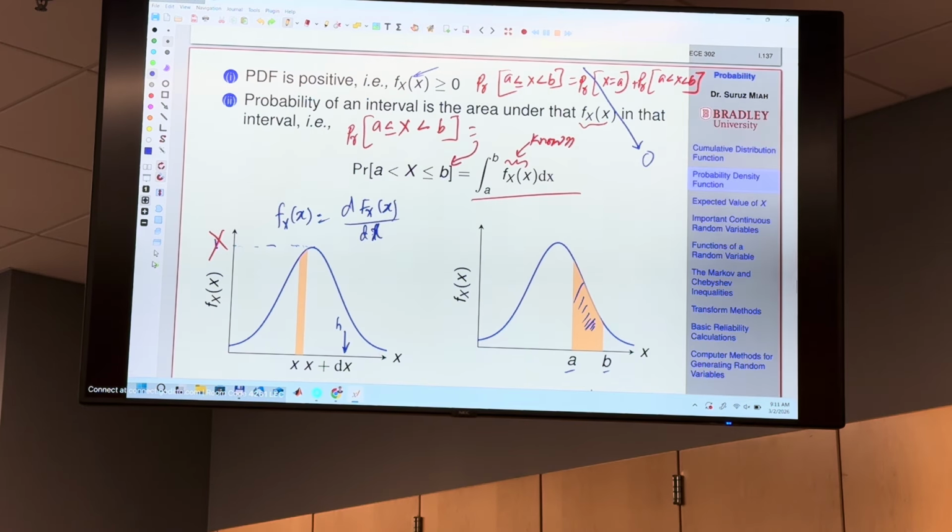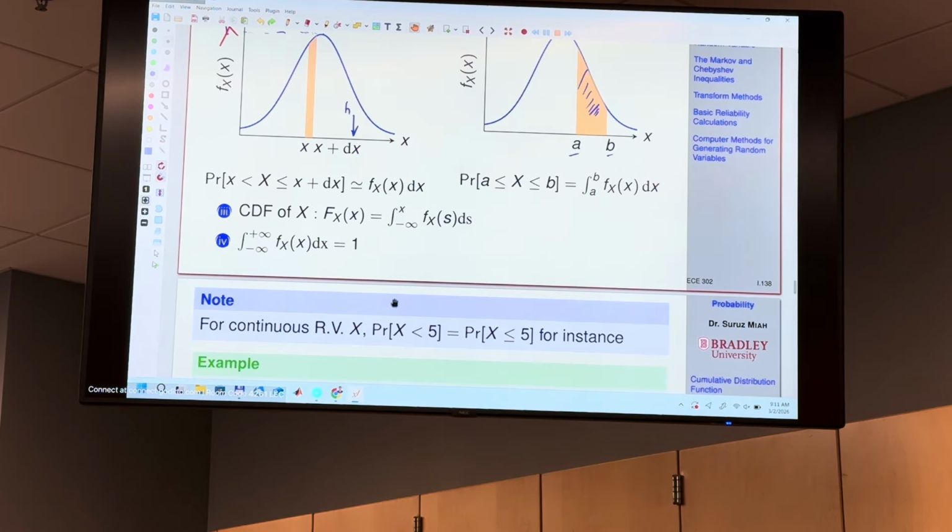So this is the main point in this slide. The other thing is that when you know the PDF, then you can actually derive the CDF the other way around. CDF is basically, you integrate from negative infinity to x, and this PDF, probability density function, should be known.